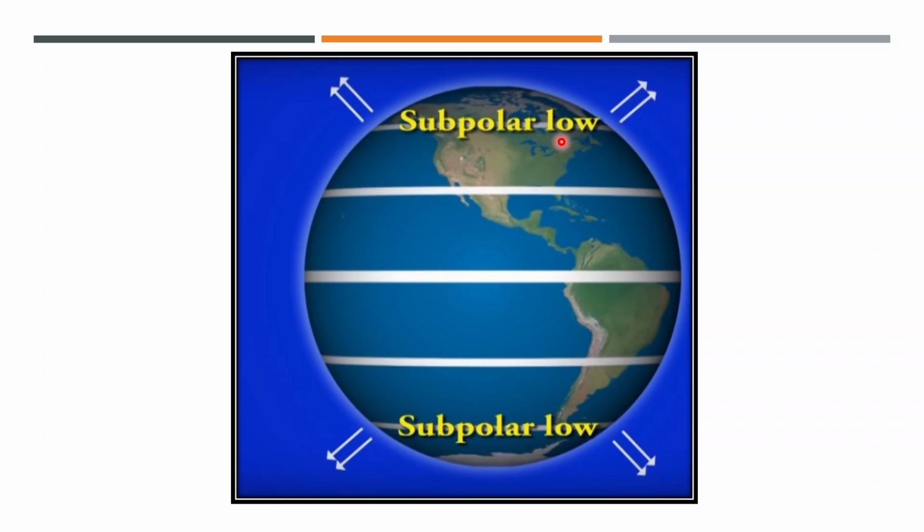These belts are areas of convergence of westerlies, because it is over here that westerlies are blowing. Here also we find the westerlies are blowing in this direction. Let me show it with the help of the pen. So here the westerlies are blowing in this direction.